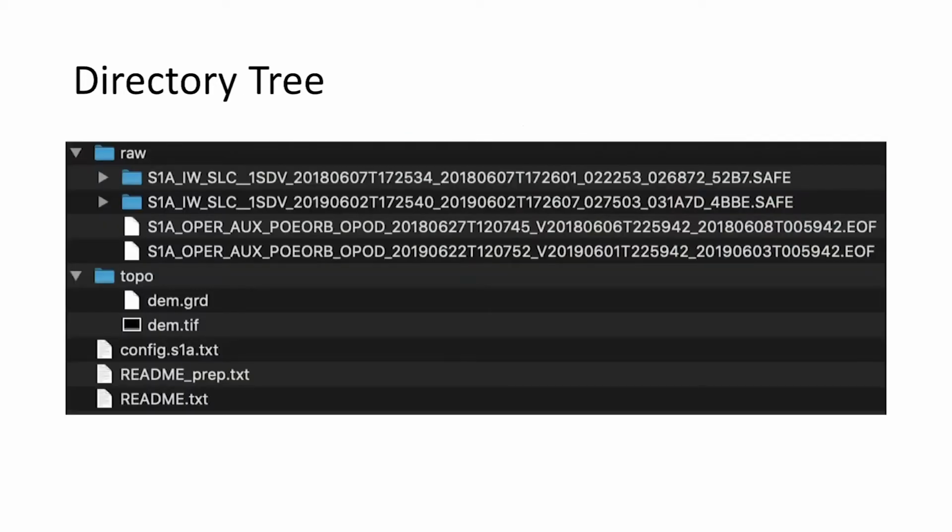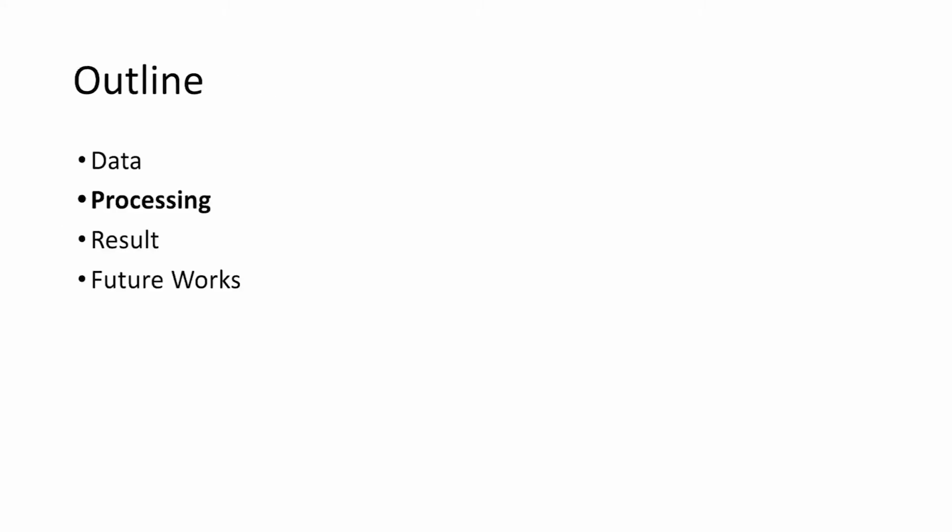This is the file structure, the directory tree of the data in my project. Basically, there are two Sentinel images, two orbit files, the DEM files in the topography folder, and some configuration files.